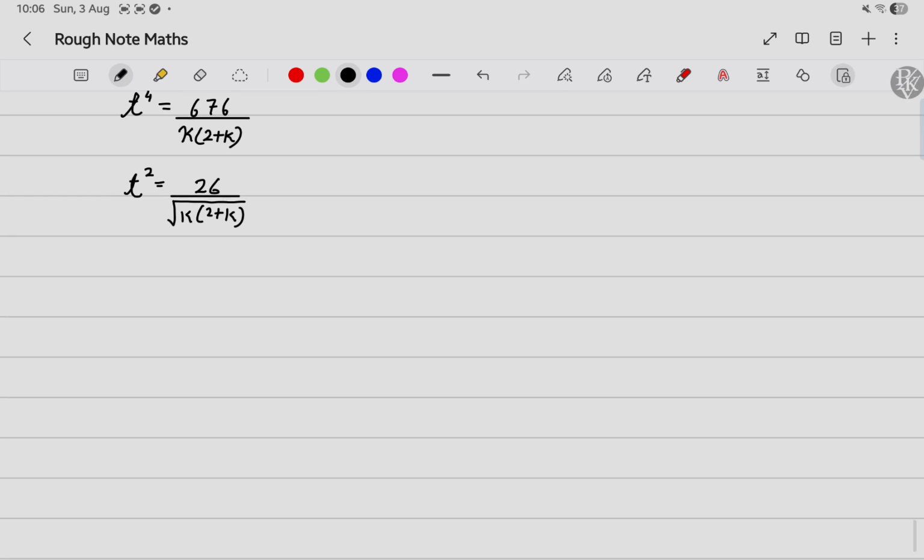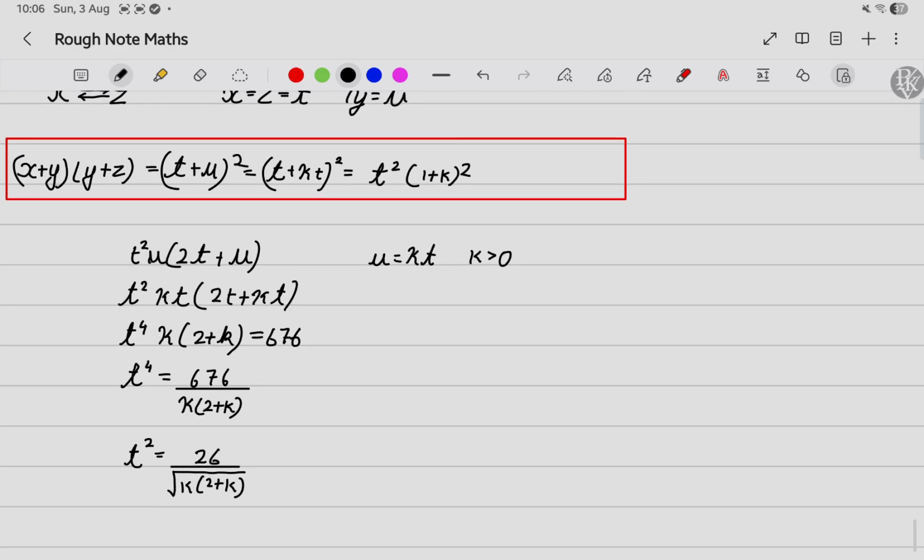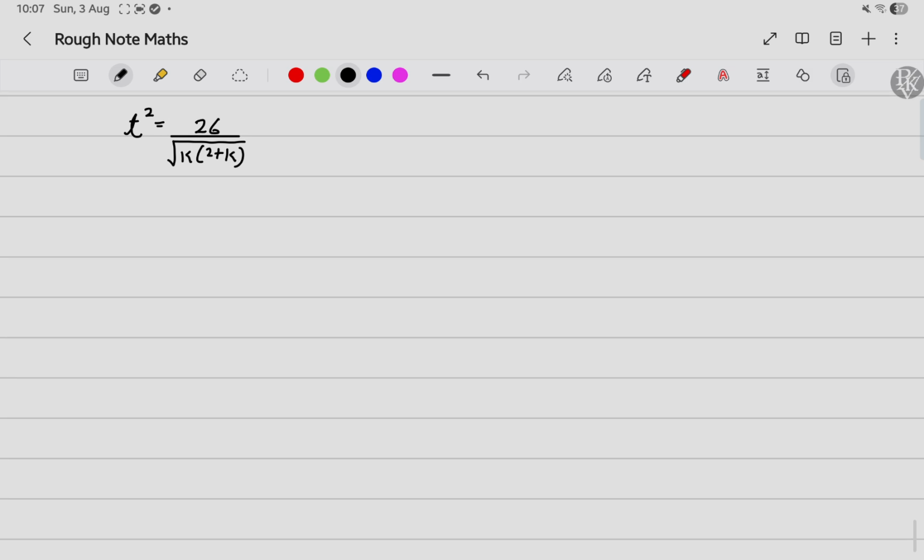Now if you note, t square times (1 + k) the whole square becomes the expression that we need to find. So I'm going to multiply both sides by (1 + k) the whole square, and I'll get 26 times (1 + k) the whole square, divided by the root of k times (2 + k).